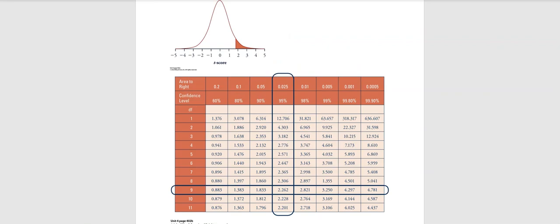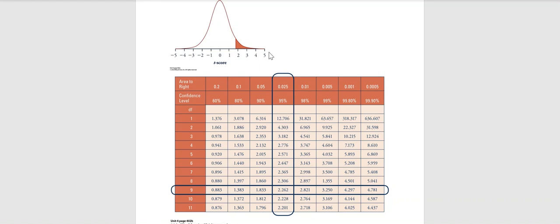Here's how you use a t-table to find the t-star critical values. So you start by going to the row of the table that corresponds to your degrees of freedom. In this example, I'm going to suppose the degrees of freedom is 9. And then you move over to the corresponding confidence level. If we're considering a 95% confidence level, we'd move to this entry here, and we see that the critical value is 2.262.